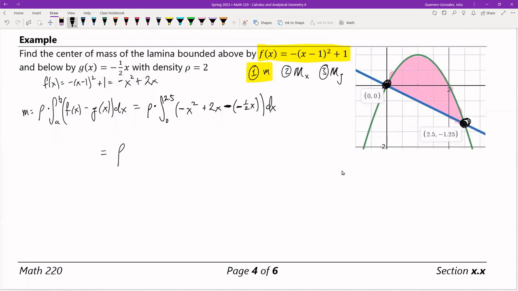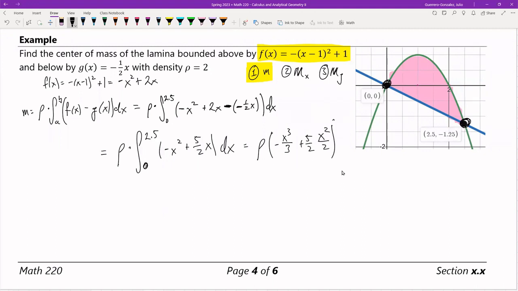This is going to be equal to rho times the integral from 0 to 2.5 of, if we reduce all of this down, minus x squared plus 5/2 x dx, which is equal to rho times negative x cubed over 3 plus 5 over 2 x squared over 2, evaluated from 0 to 2.5.